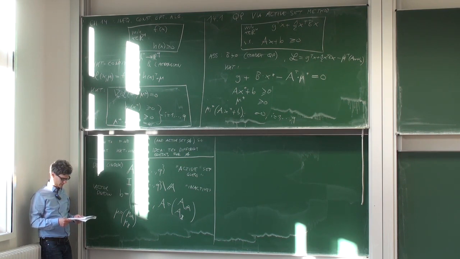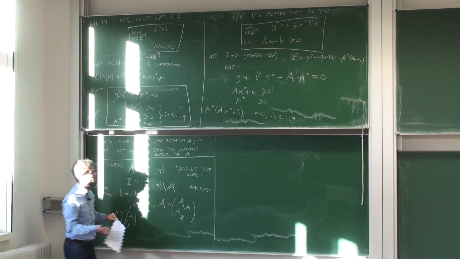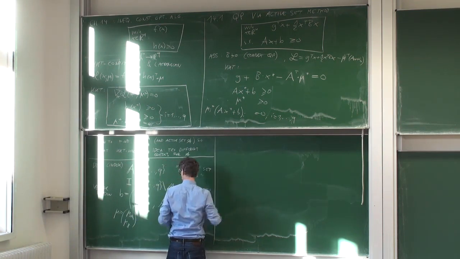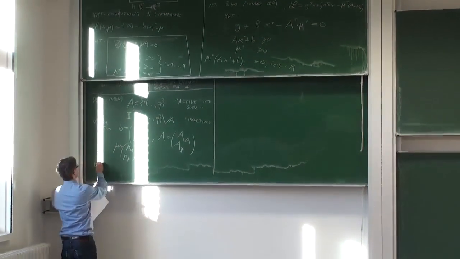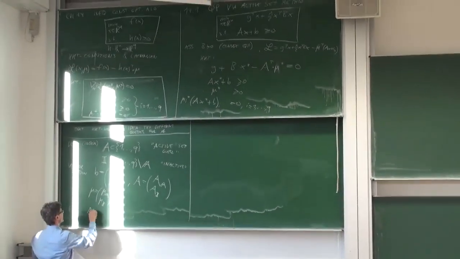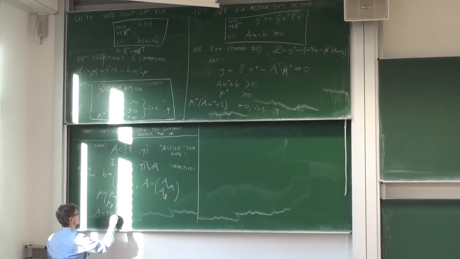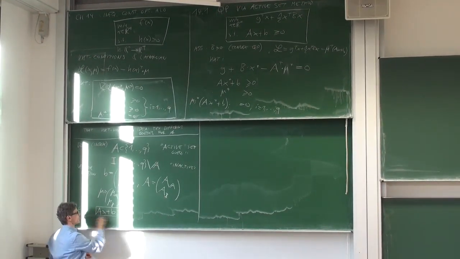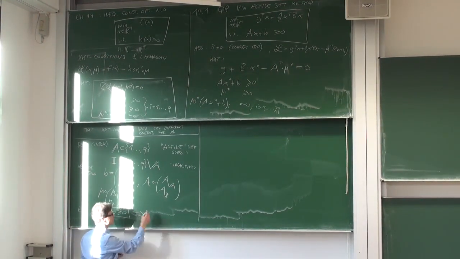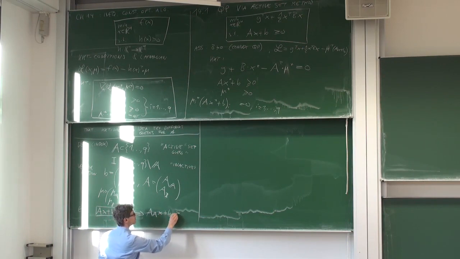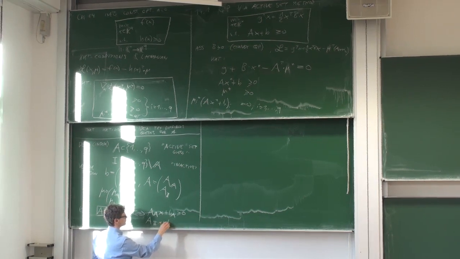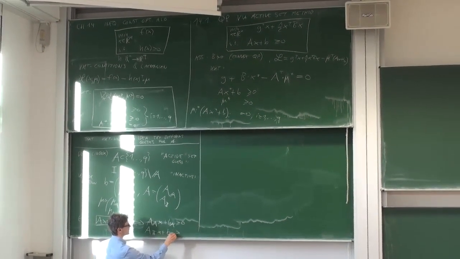And maybe I should say that, for example, with this notation, if I write Ax plus B is bigger or equal to 0, that's a statement which I could equivalently write as A_A x plus BA is bigger or equal to 0, and A_I x plus BI is bigger or equal to 0.